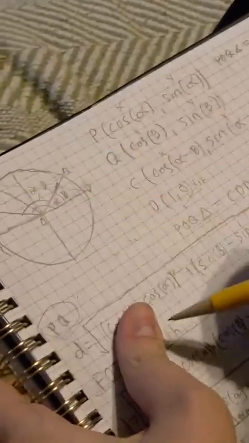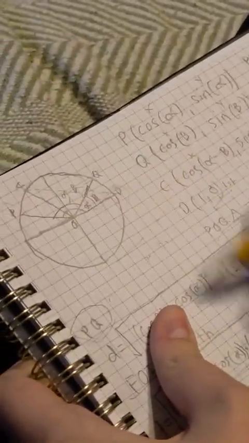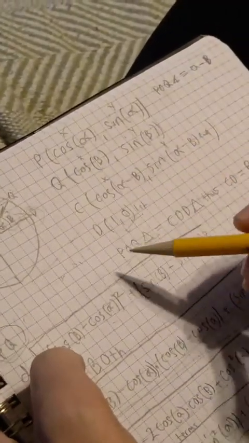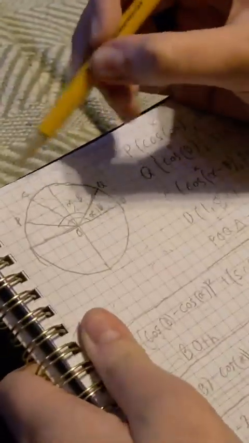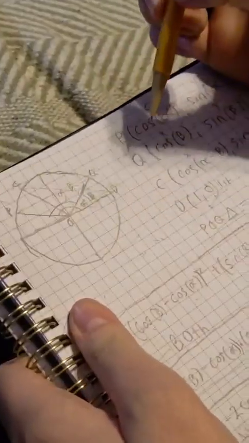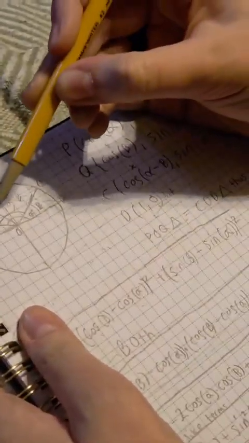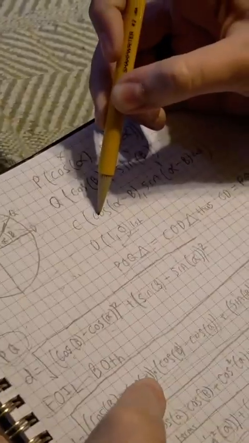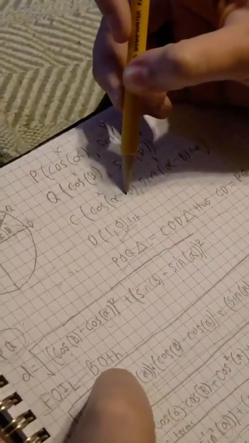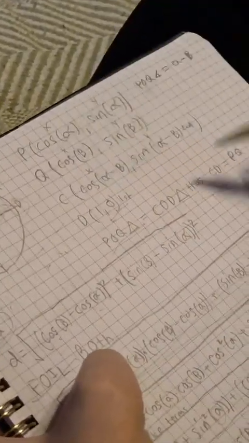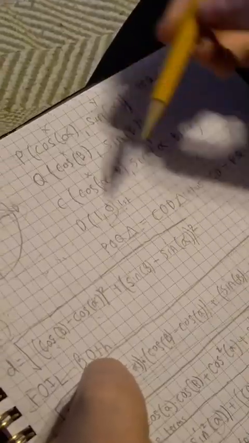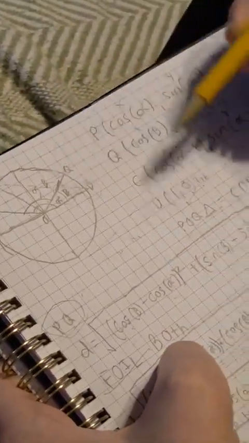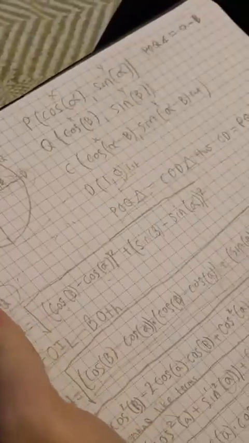And then you've got Q out here, because its angle is beta. Its coordinates are cosine beta and sine beta. Now you've got C. C's the tricky one because it's the one that's messing things up. Its coordinates are cosine of alpha minus beta and sine of alpha minus beta. And then its partner is point D, on the x-axis, 1 and 0.